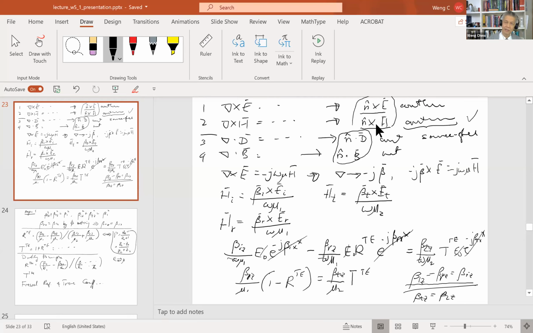These two boundary conditions are always universal. You can say that they follow from duality, but it's like hitting a thumbtack with a sledgehammer, because you can see that this equation implies tangential E continuous. That equation implies tangential H continuous. Are they related by duality? Yes, they're related. I swap E and H, I get the same boundary condition, but I wouldn't go through that pain to say that.